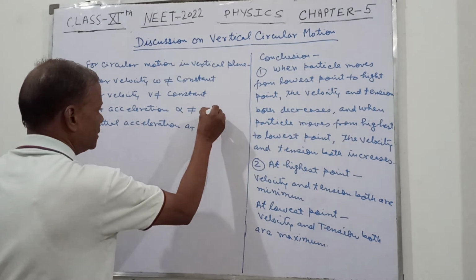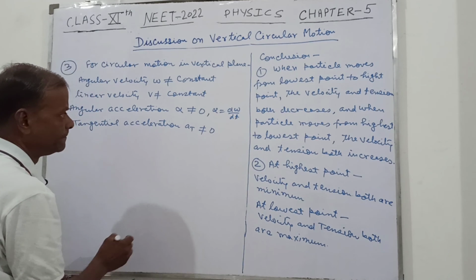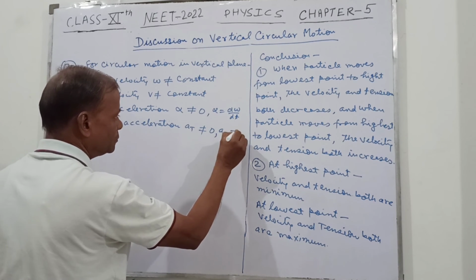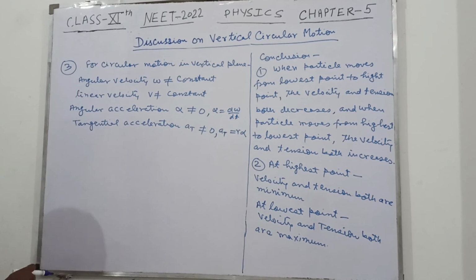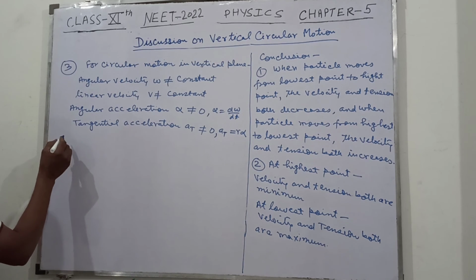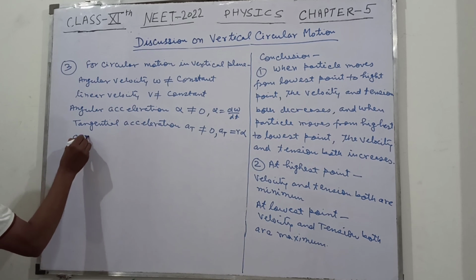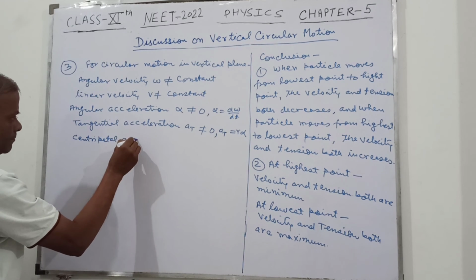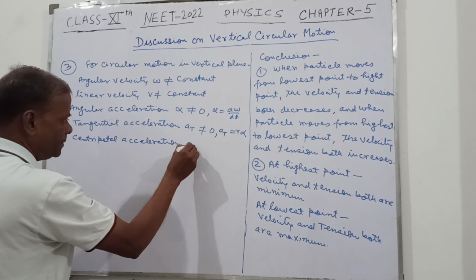Alpha is equal to d omega upon dt, and here at is equal to r into alpha. And that's the centripetal acceleration AC.